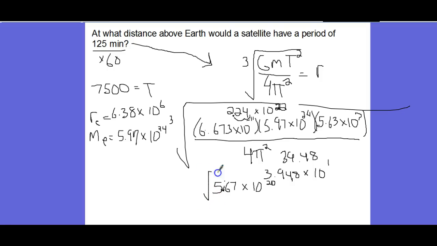And then I just need the cube root of this thing. That you're going to have to use your calculator. I'm sure there's an easier way. I'll have to ask Mr. Frenchu if there's an easy way to do this if you don't have the calculator. Then if I just do the cube root, so then we get an answer.